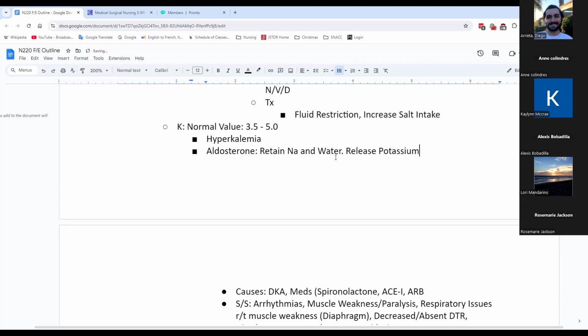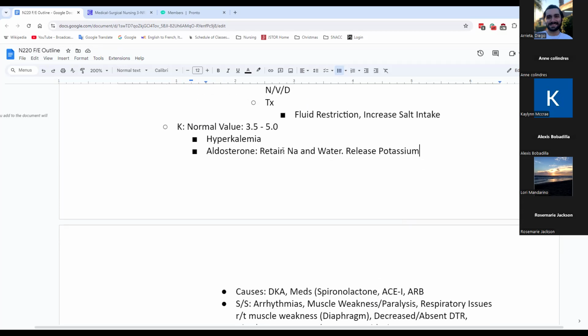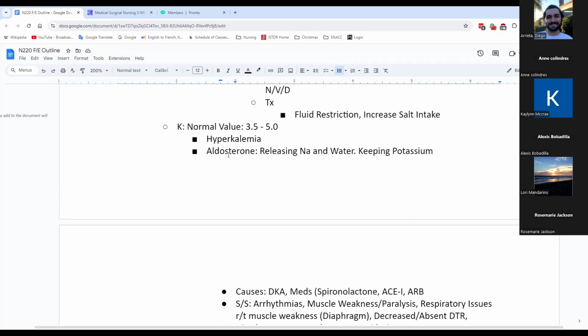So when you're inhibiting this, you're doing the opposite. If you're inhibiting your aldosterone with your ACE inhibitors, you're now releasing sodium and water and keeping potassium. You guys see that? You see why your ACE inhibitors are going to be doing that to your potassium?